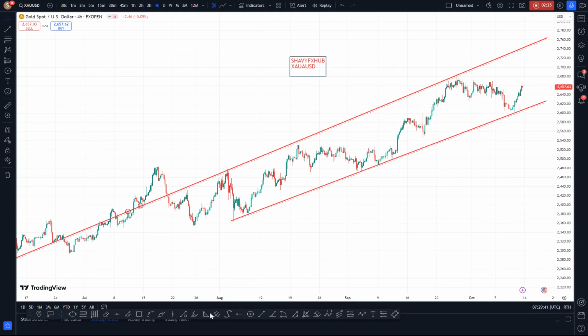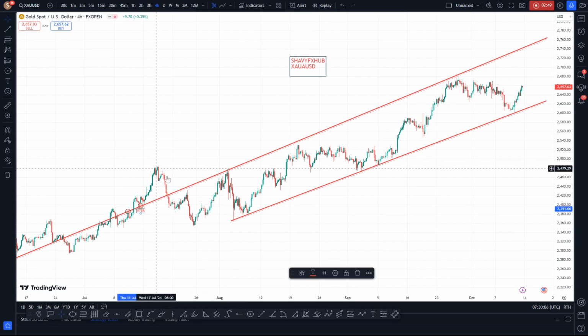So we're going to label it RT, SR. So let's hold here.